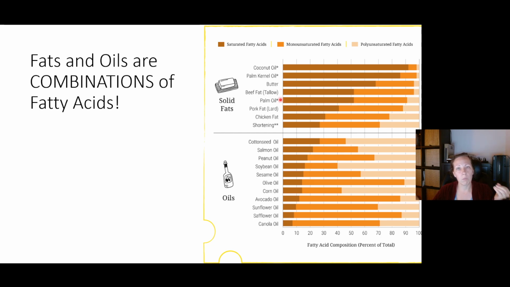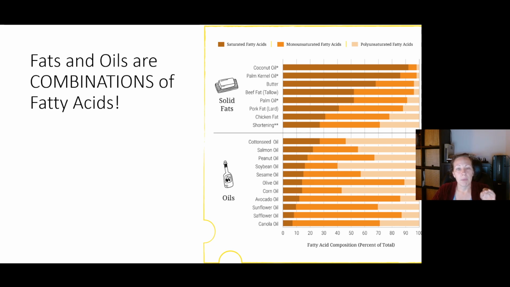Okay, we call them oil because they're extracted from plants, but if we are categorizing them based on their physical state at room temperature, these oils are fats. Okay, coconut oil, palm kernel oil, and palm oil are all solid at room temperature. Okay, so don't confuse that. It's like a categorization versus naming.